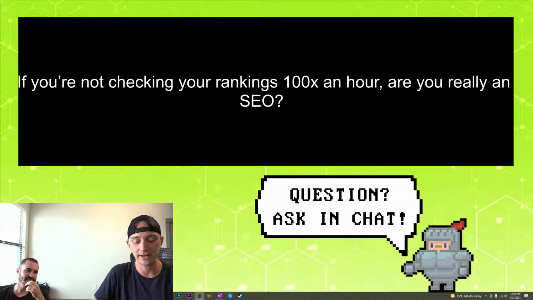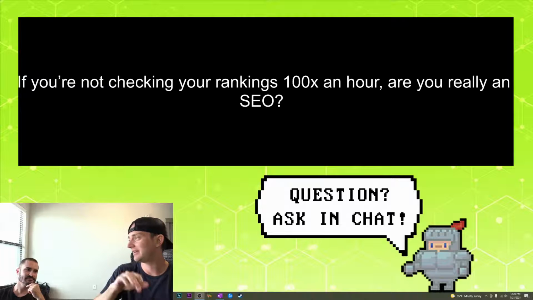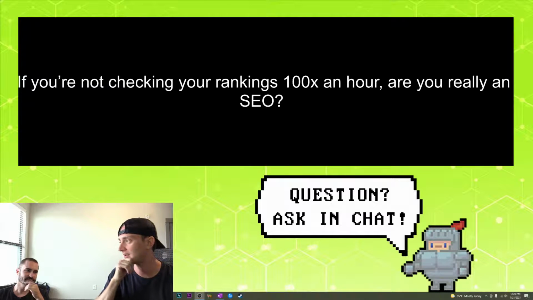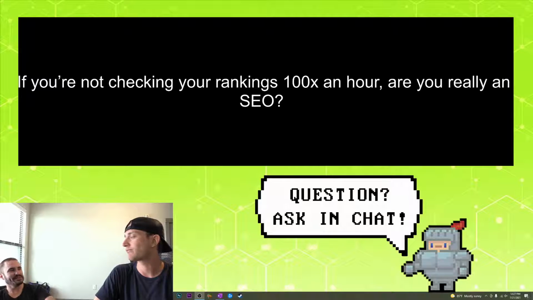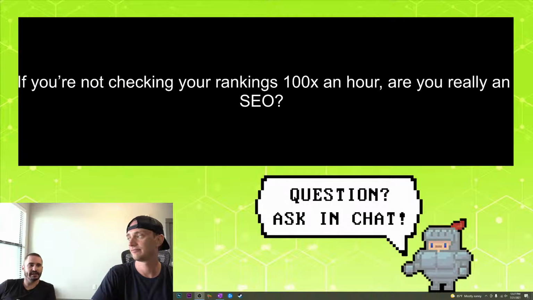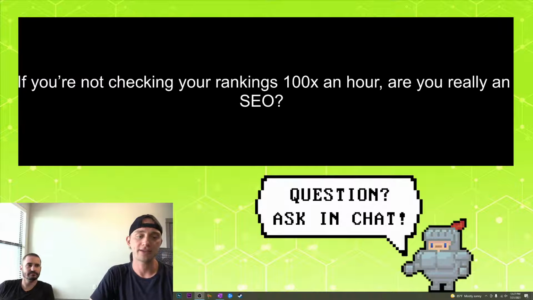But if I was somewhere on page 2, on a big term I'm really working hard on, and it went from mid to high page 2 back to page 3 or 4, then I'd probably be like, what the... That'll happen every now and again. There's just natural volatility before you get to page 1 and before something's completely established. You do get these movements back and forth, but you stick to the work.